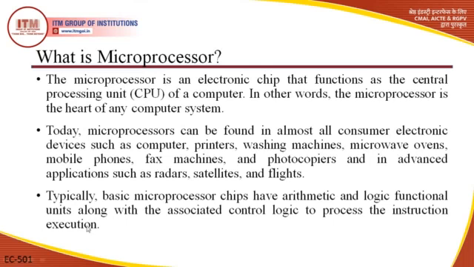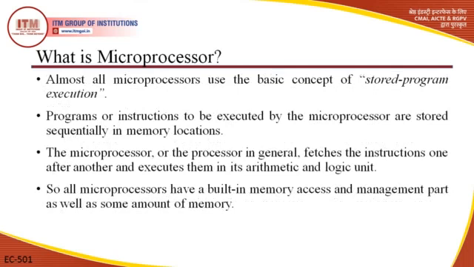So typically a basic microprocessor chip has an arithmetic and logical function unit with the associated control logic to process the instructions. So almost all the microprocessors use the basic concept of stored program execution.